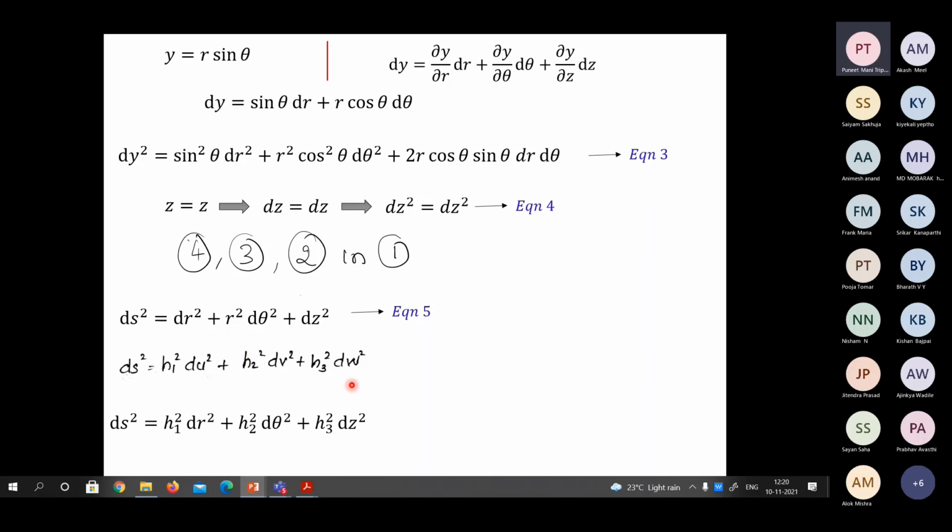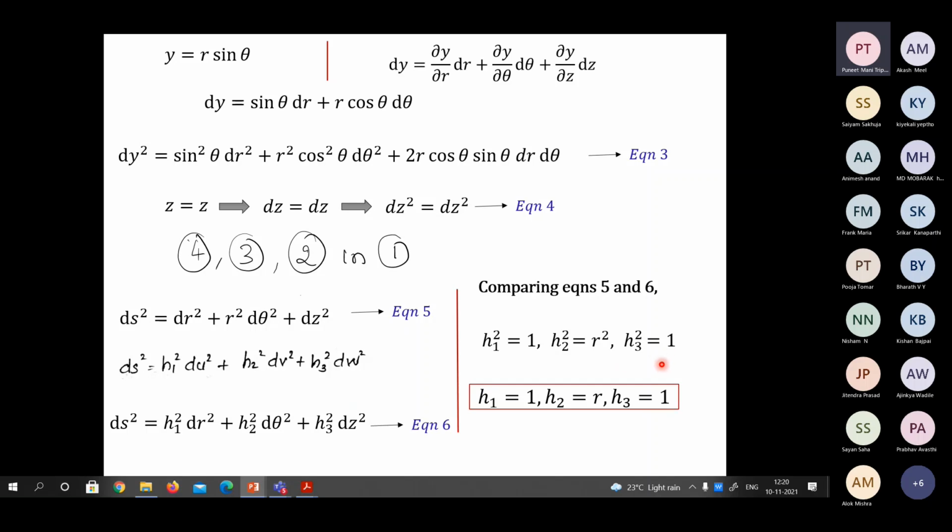So h1 is 1, h2 is r, h3 is 1. So the metric parameters for the cylindrical coordinate system are 1, r, 1. Have you got it?